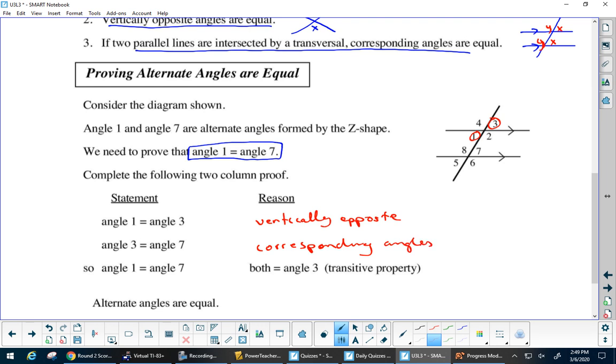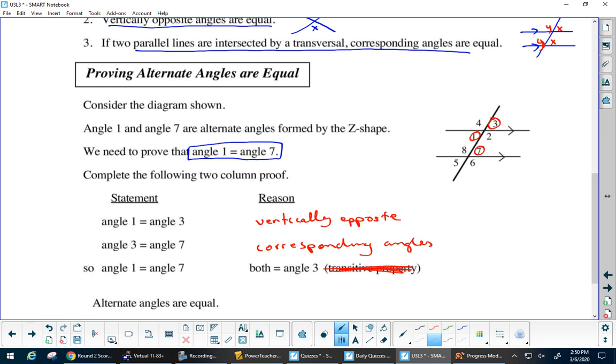So now that I've proven 1 equals 3 and 3 equals 7, have I not now proven that 1 equals 7? Okay, so angle 1 equals 7. You don't have to say the transitive property.